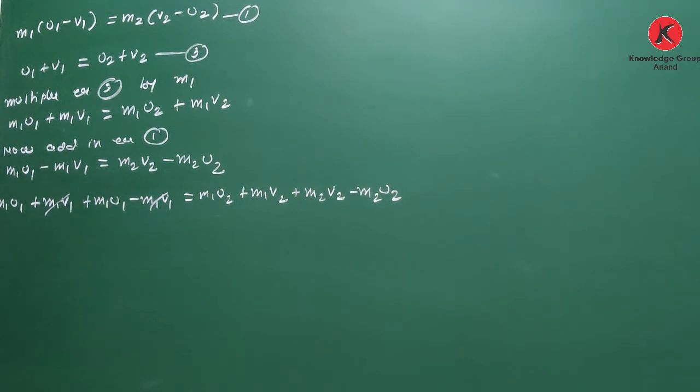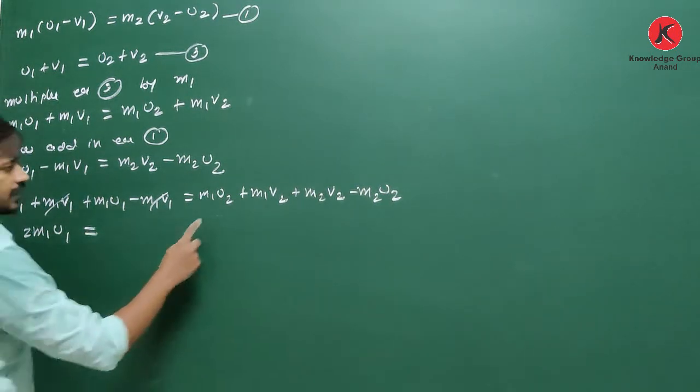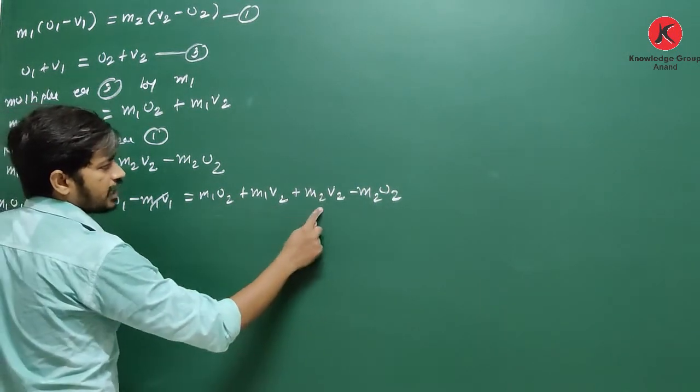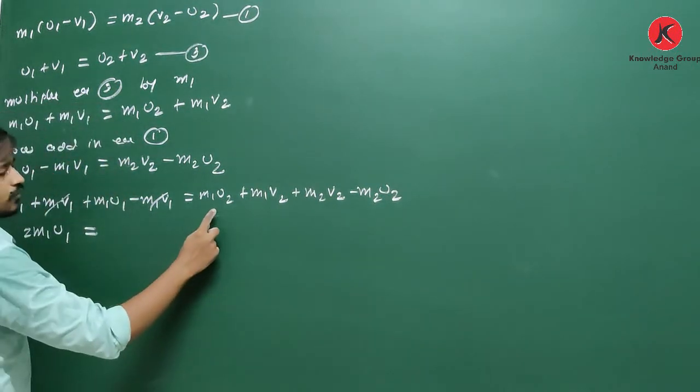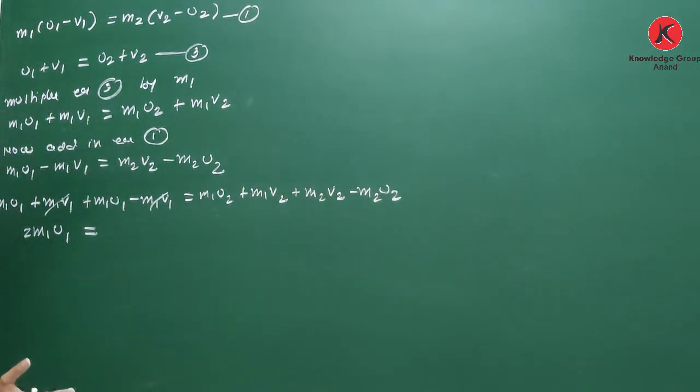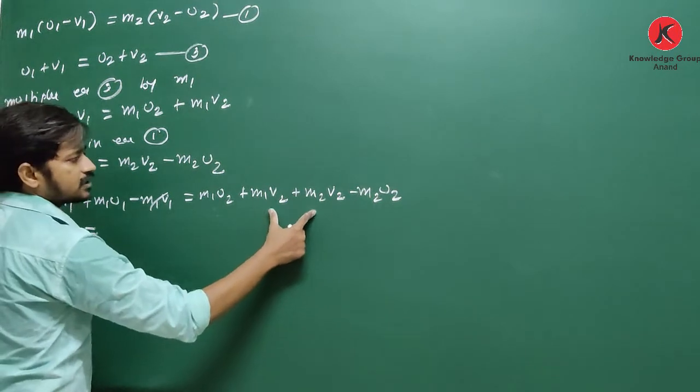Yes, we have to find v2. Here there is no v1 now. So I can write 2 m1 u1 is equal to this side. As I have to find v2, I will take these terms together.